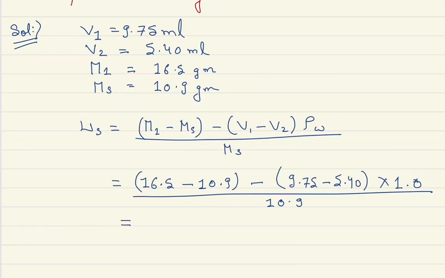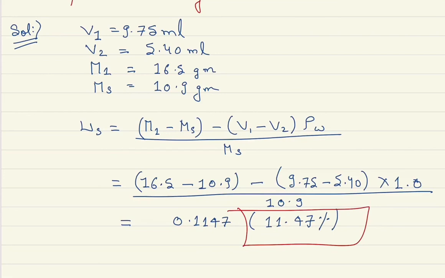After calculation you will find that it is 0.1147, that means 11.47%. So this is what we needed, that is the shrinkage limit. Okay, so that's it for this chapter.